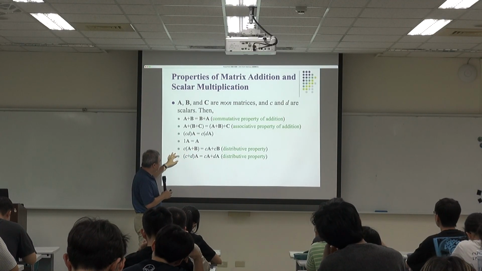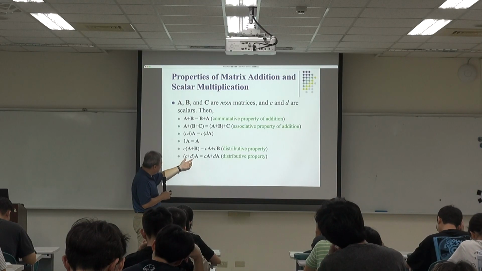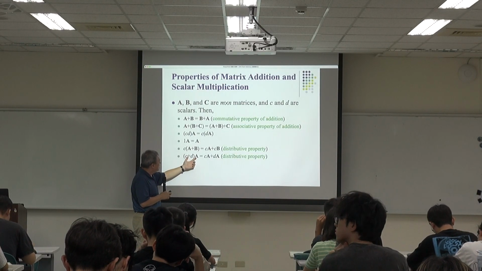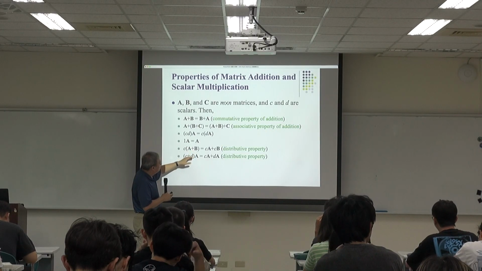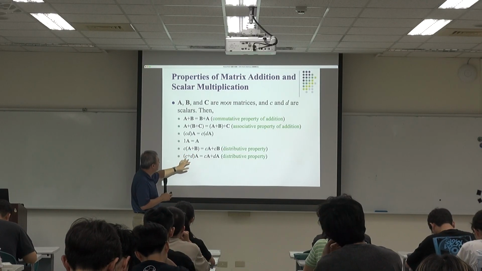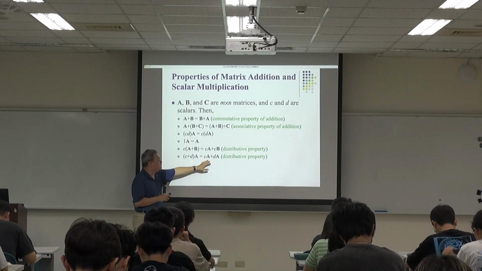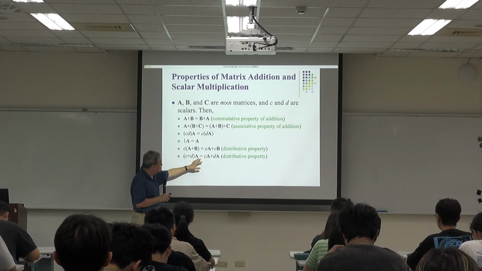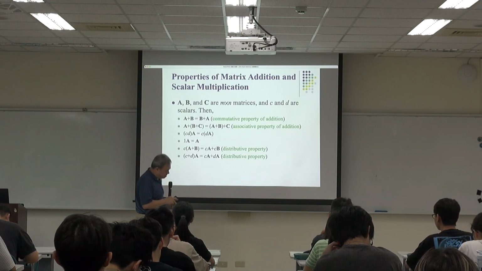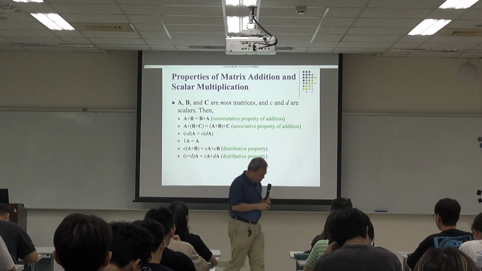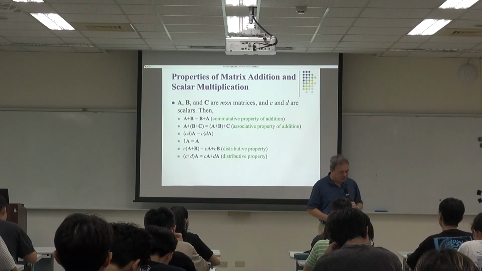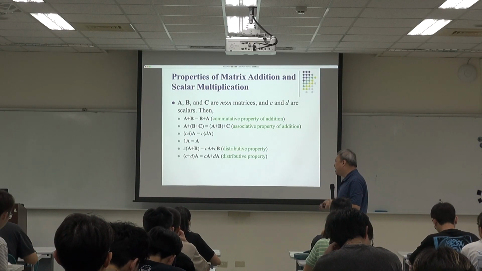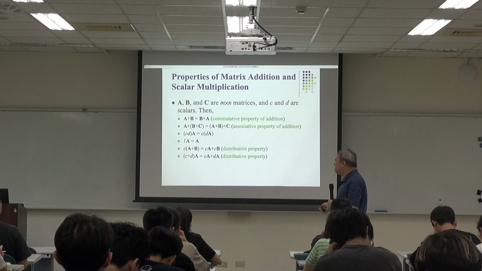It will be the same. Or (C plus D) times A, again the distributive law applies both ways. It will be CA plus DA. So these are the properties that you need to know, and these properties are pretty straightforward to verify.